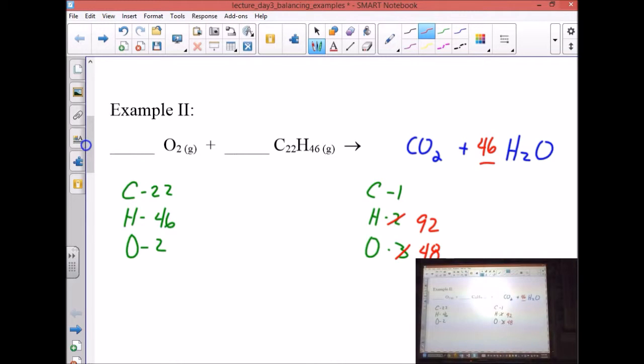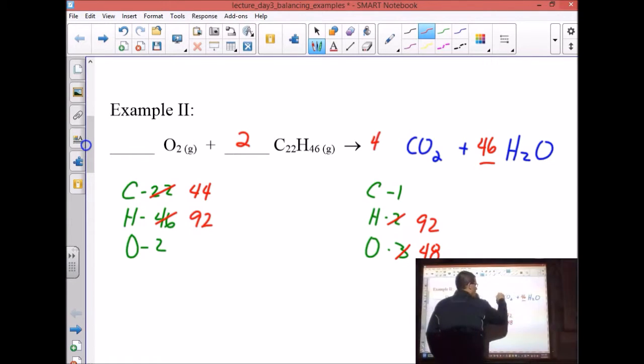All right, so how do we get 92 hydrogens on the left side? Put a 2. Now, I promise I won't ever go over triple digits on the coefficients. Yeah, and somebody asked, so you promise not to go over 999? I promise there will never be a 999. Now, 998, that's okay. All right, so how many carbon do we now have? 44, good. How do I get 44 on the right?